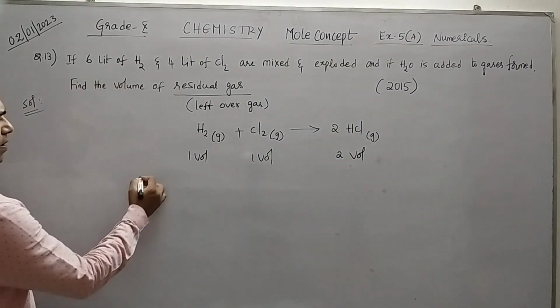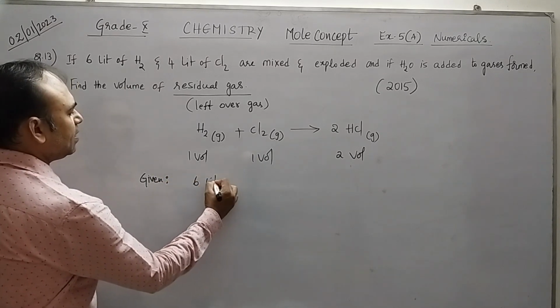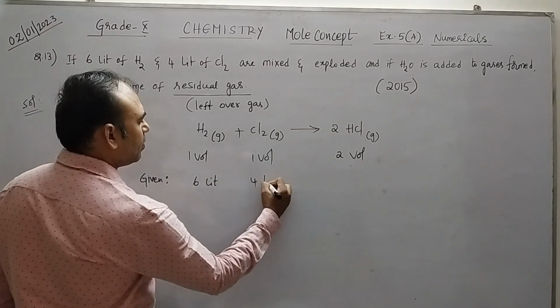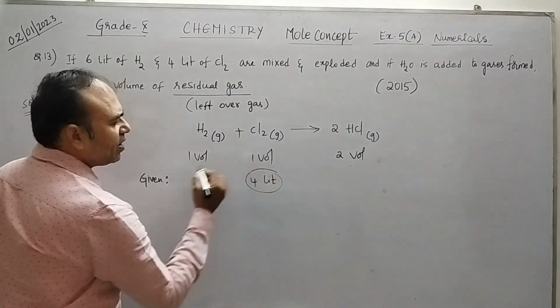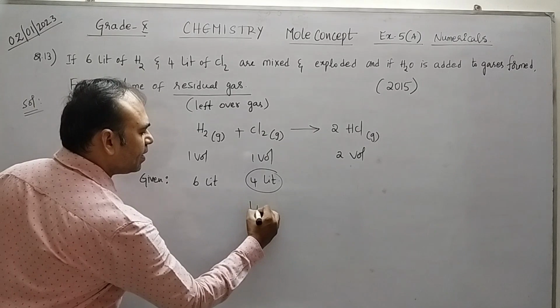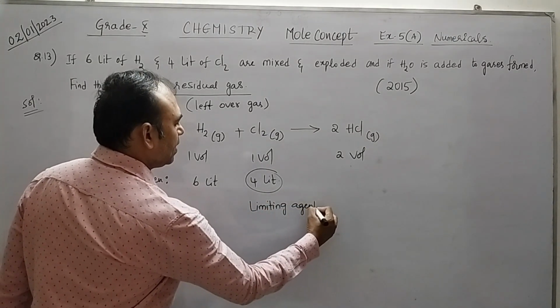See what is given here. The given volume is 6 liter of H2 and 4 liter of chlorine. Very simple. Here chlorine is given in less amount, so definitely it is consumed and you call it the limiting reagent.